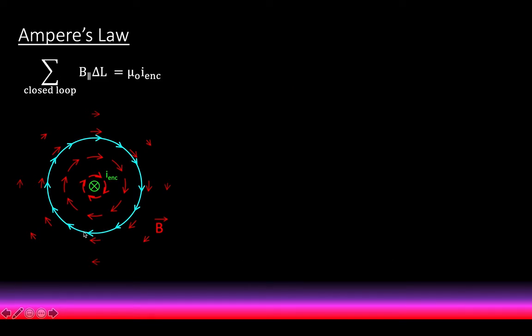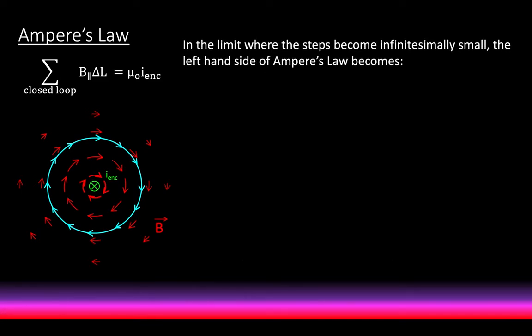We're going to make these steps very, very small, and if they're small, we'll make them smaller still. In the limit where these steps become infinitely small, we're alluding to calculus, where this summation will become an integral and this delta L will become a dl.